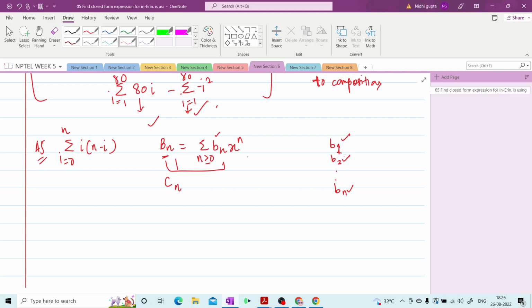If you have two generating functions like this, where bn is computing some numbers and cn is computing some numbers, then you can talk about the product of generating functions.